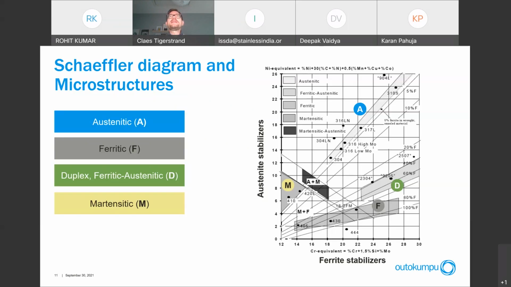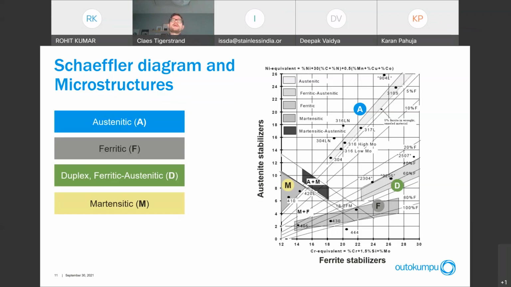But there you can see, if the austenite stabilizer, the nickel equivalent, as you see there at the top of the graph, is high, then you will most likely have an austenitic structure. If you have a high chrome equivalent, a high level of ferrite stabilizer, you would either have a ferritic, or if you're a bit higher on the austenitic side, you will have a duplex structure.